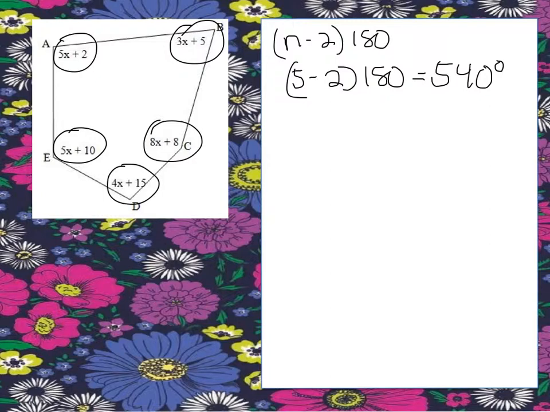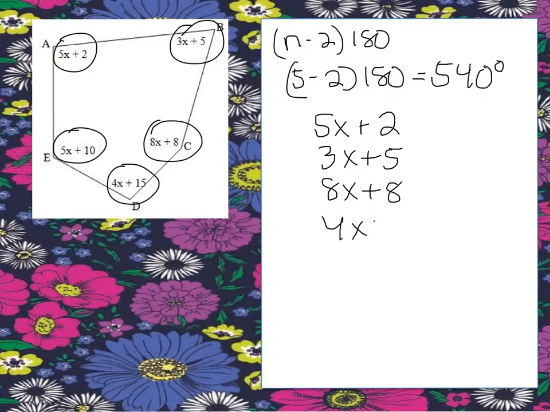Let's go and add up all the sides. I will take 5x plus 2, 3x plus 5, 8x plus 8, 4x plus 15, and 5x plus 10. So this is for all angles A, B, C, D, and E.